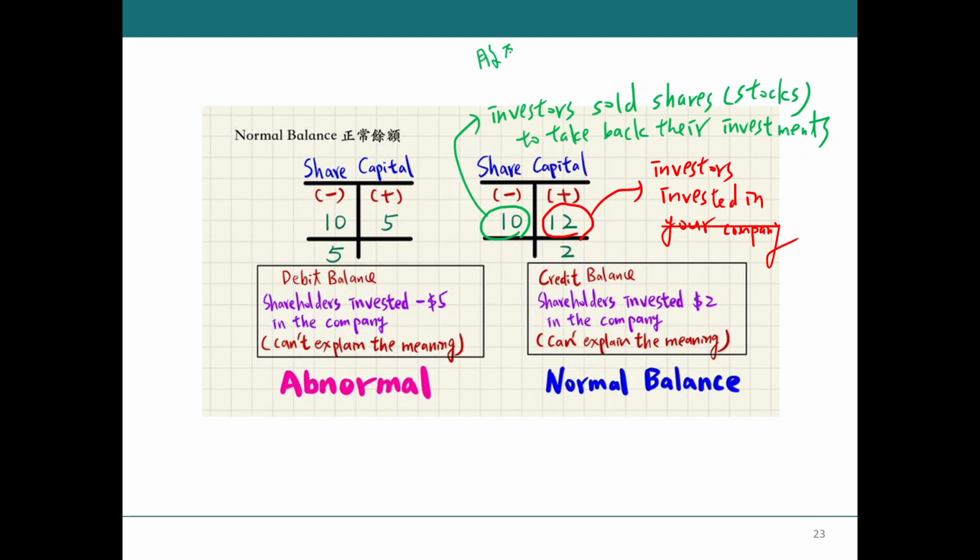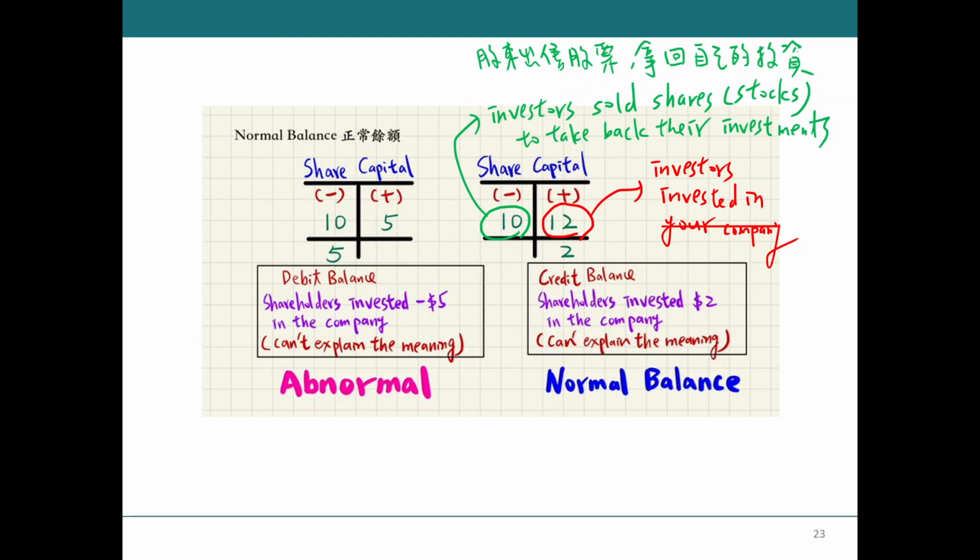Shareholders sell their stock and take back their investment. Okay, so it makes sense, right? Right. So for another situation, impossible.